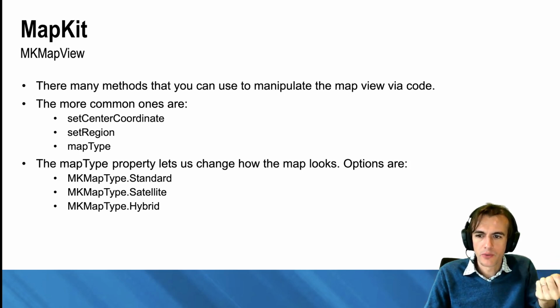Also, mapType allows us to change how the map looks. Some options for this are standard, which is the drawn diagrammatic view. There's a satellite view, which is obviously aerial photography, and then there's a hybrid view where you have the aerial photography with some roads and other features drawn on top of it.